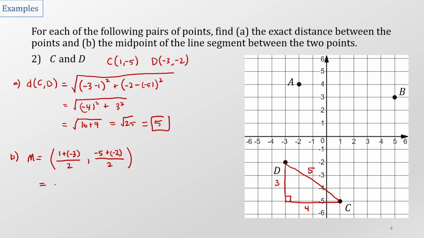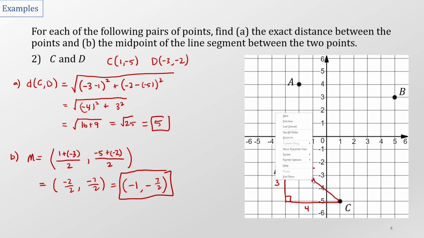And when we work out the computations, we get negative 2 over 2 and negative 7 over 2, which gives us a midpoint of negative 1, negative 7 halves. Which looks to be this point right down here.